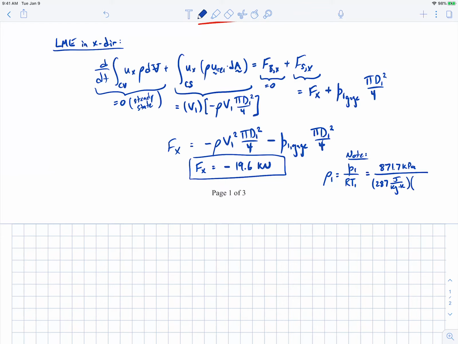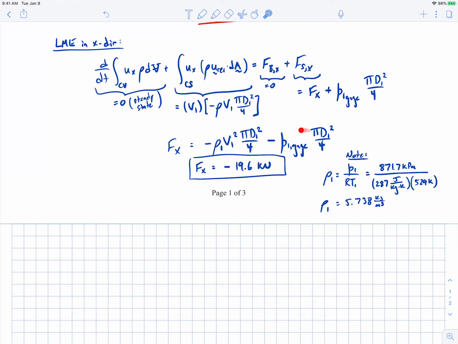And then T1, we need to make sure we're using an absolute temperature there as well. So that's 529 Kelvin. Those are all given. So that your rho 1, when you plug in all the numbers, is 5.738 kilograms per cubic meter. So that's the density I used up here. I should probably put a subscript 1 to make it clear.